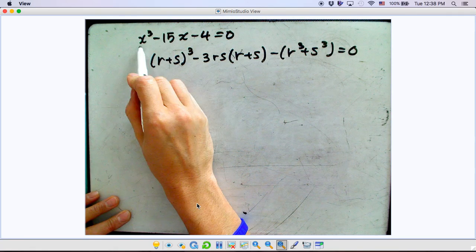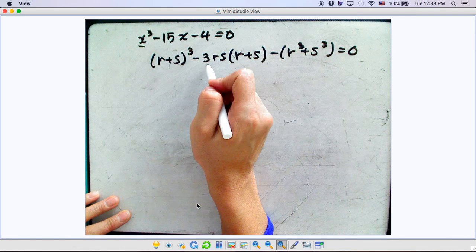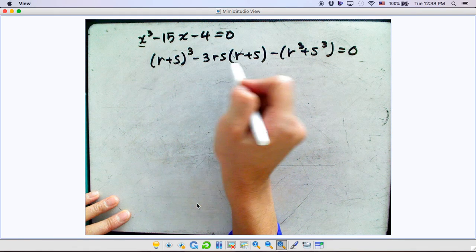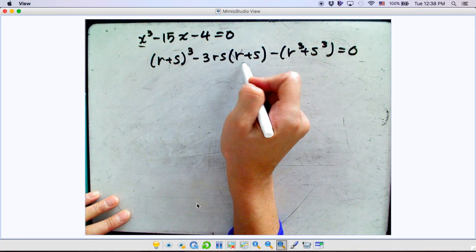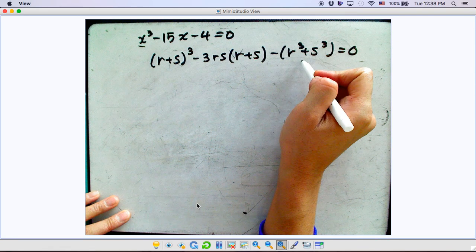So the x part is r plus s, the coefficient is 3 times r times s, the x is again r plus s, and the last term is r cubed plus s cubed.